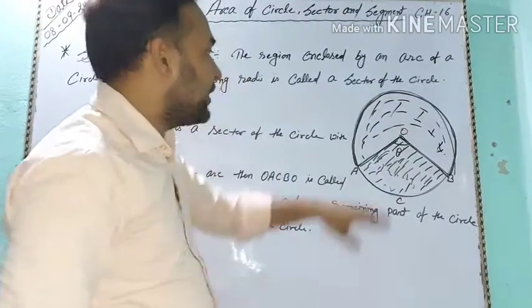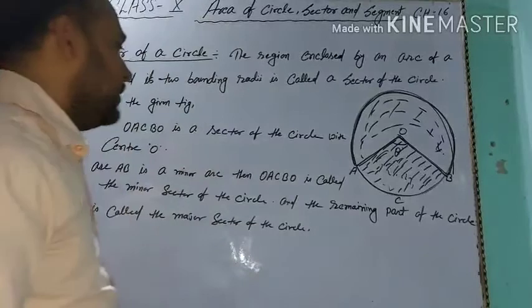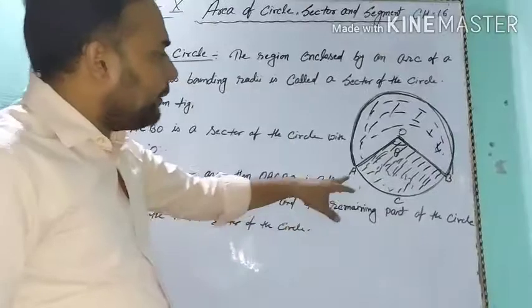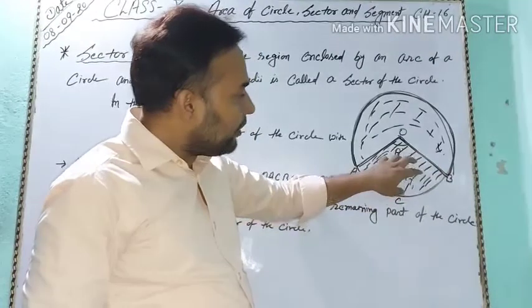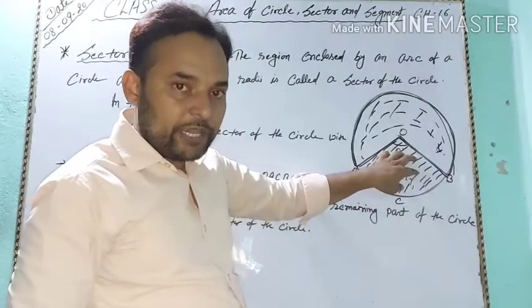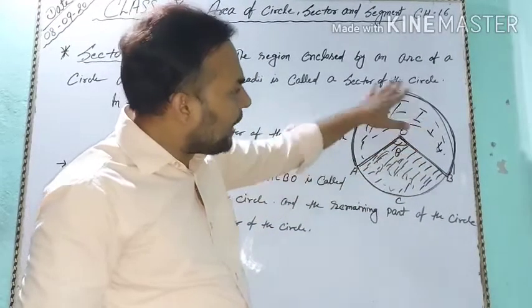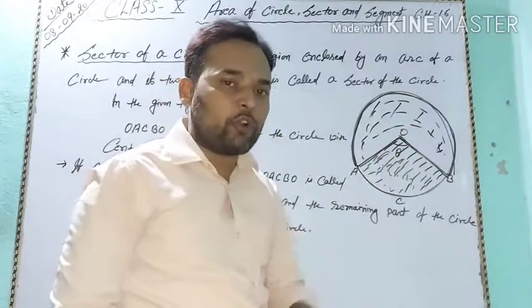Okay, this sector is called the major sector. So students, if AB is the minor arc, then this sector is called the minor sector, and the remaining part of the circle is called the major sector of the circle.